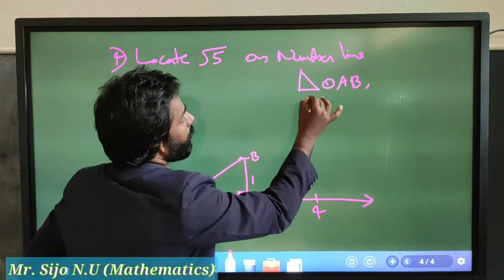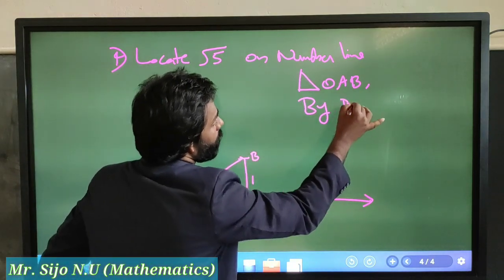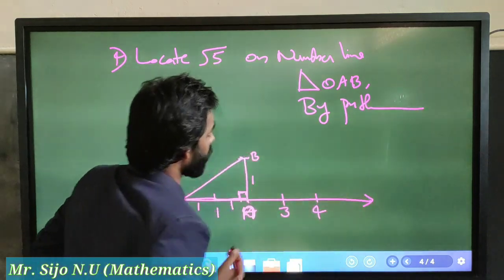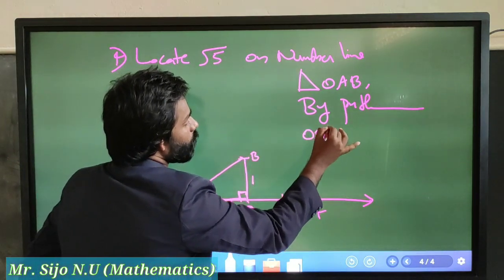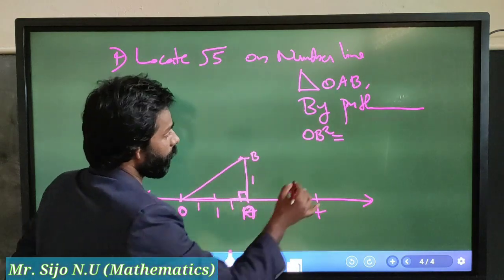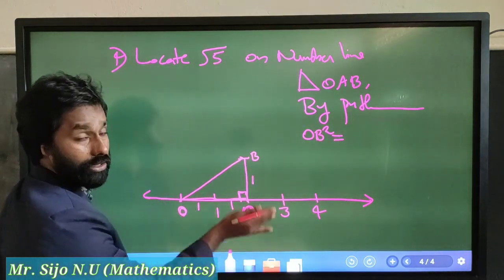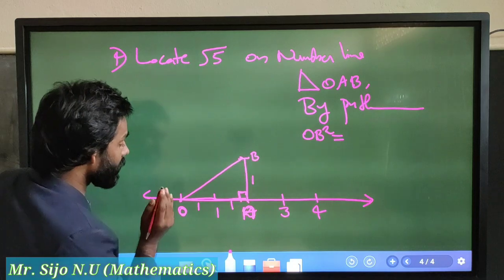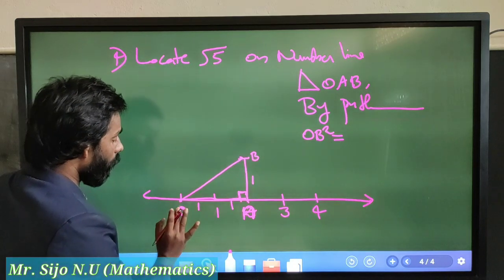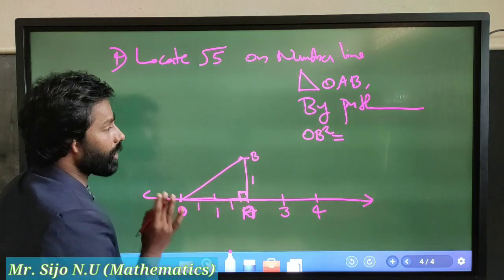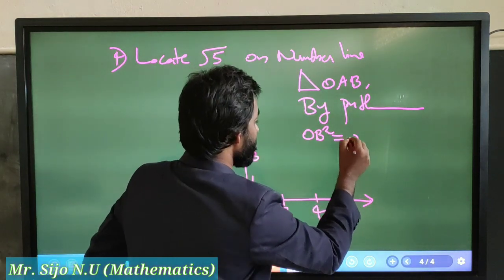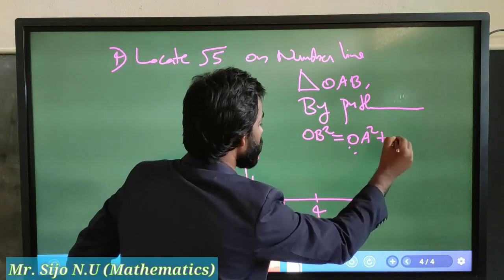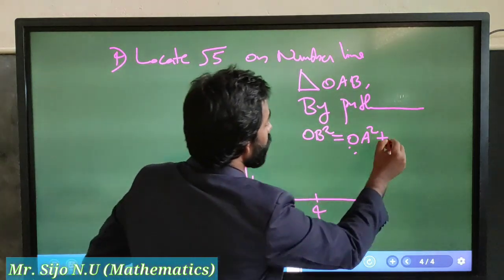Well, we can write by Pythagoras theorem, OB square, hypotenuse square equal to base square plus altitude square. The base here from O to A means 2 units. So we can write OA square plus AB square.